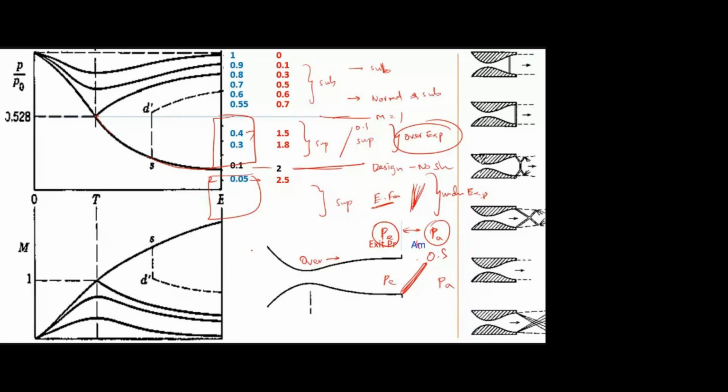Yes, sir. So what is the purpose of the oblique shock? What will it do? So PA will be greater than PE. Yes, an oblique shock is a compression wave. It will compress the flow so that pressure will be high behind it. So for the over expanded nozzle, PE will be less than PA. Is that correct?